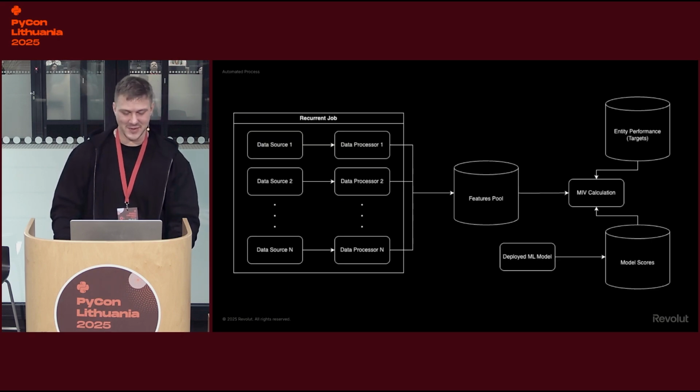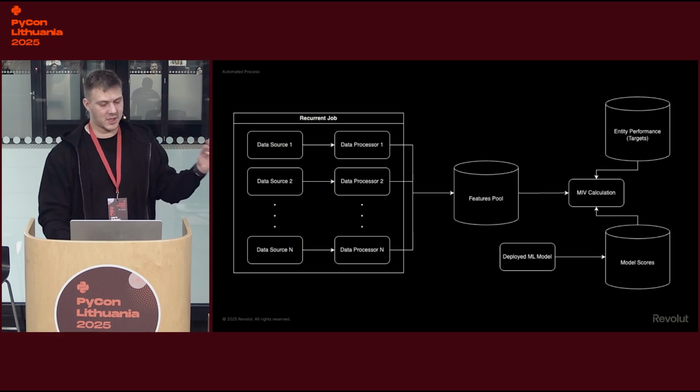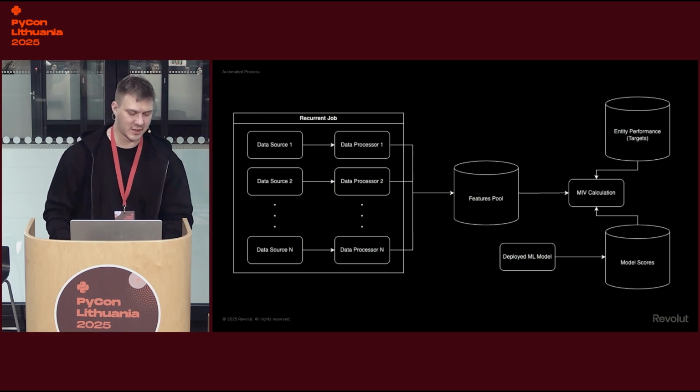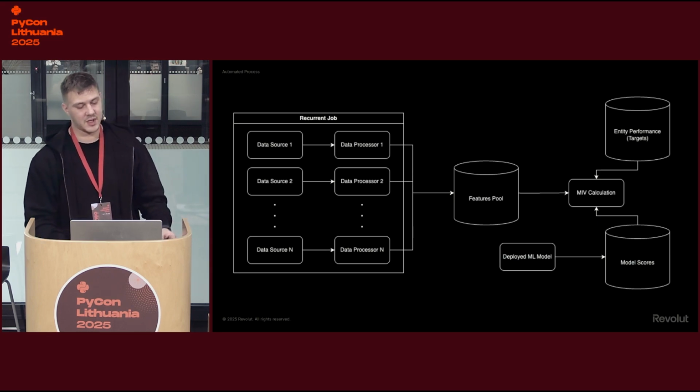Good. So now let's recap everything that we discussed. We have a recurrent job that takes all the data sources that we have. As I mentioned, it can be credit bureau data in the form of raw files. It can be transactional data stored in our data lake. It can be API data we fetch from API integration with our third-party vendors.